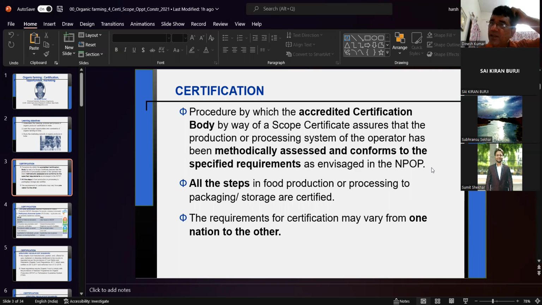I can simplify it, that certain certification body will match whether a farmer has adopted the organic standard in principles and as such and total. All the steps in food production or processing to packaging or storage are certified. All steps are certified. The requirement for certification may vary from one nation to another nation.